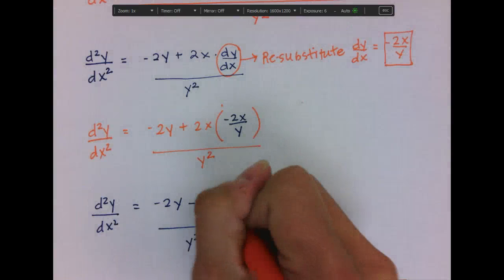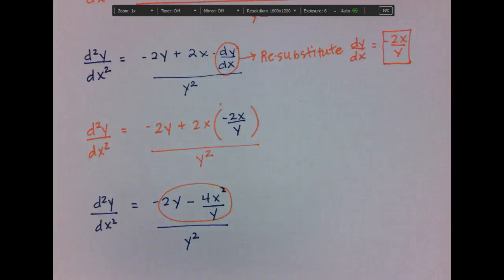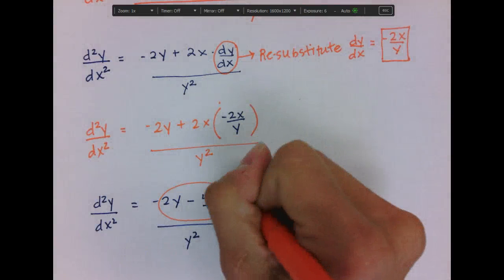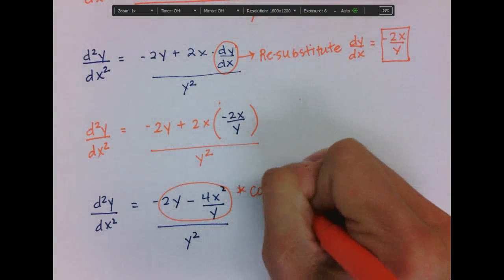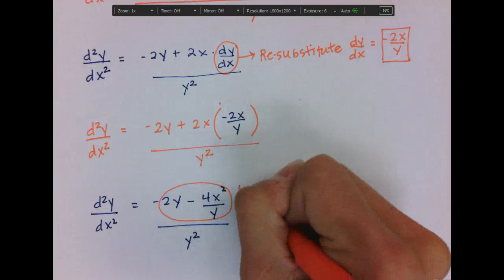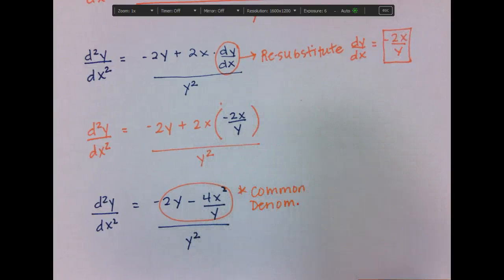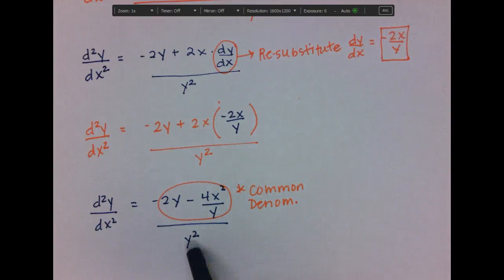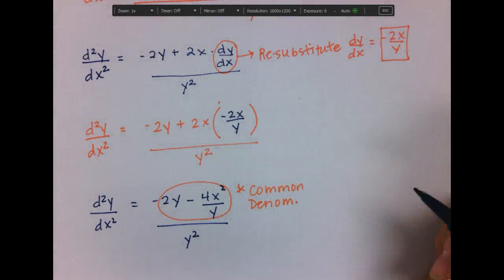What's going to happen now is subtraction in order to combine these terms. And the subtraction requires a common denominator. So I'm going to get a common denominator, I'm going to subtract those two, and then ultimately I'm going to divide by this y squared. So it's all about just cleaning it up and getting all like things together.